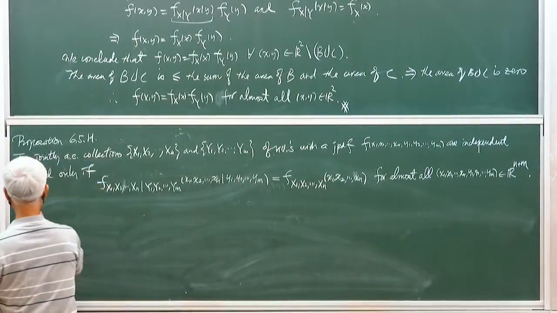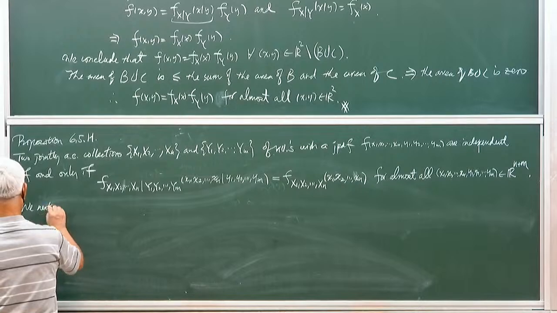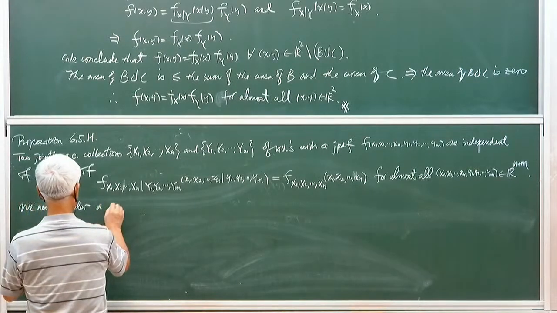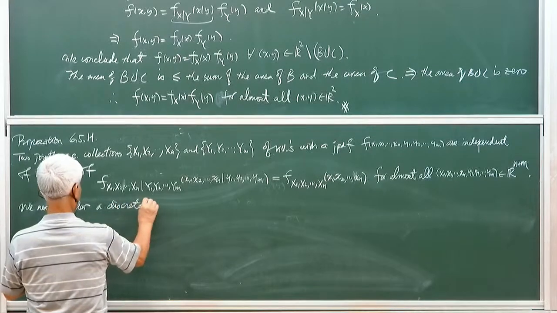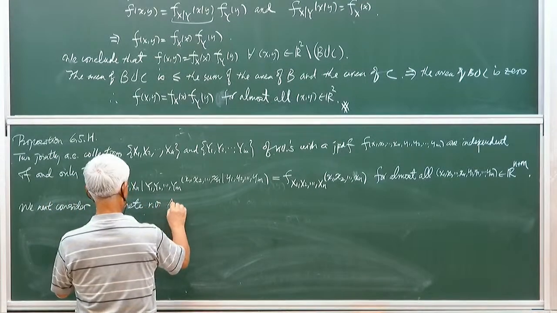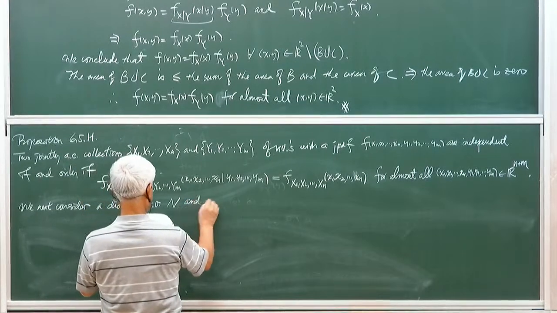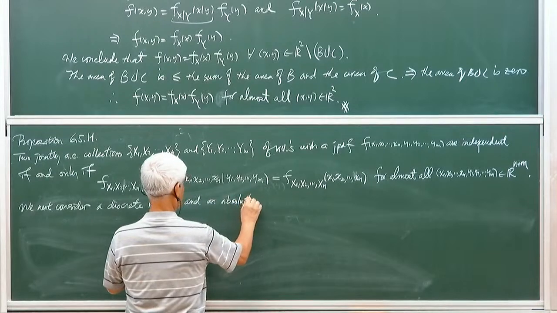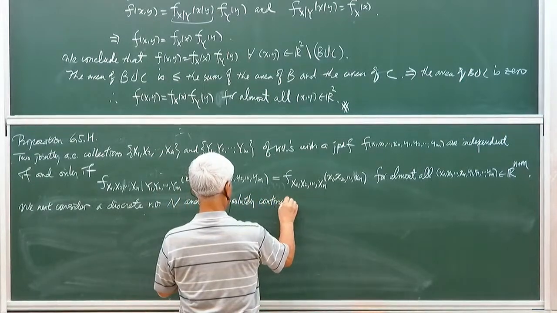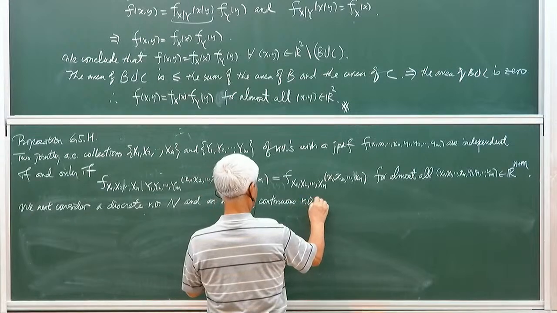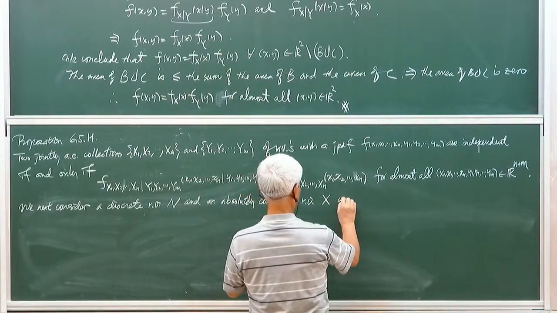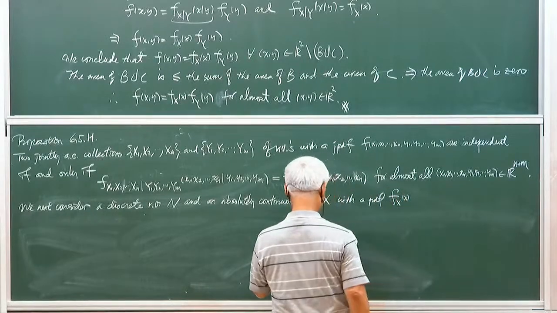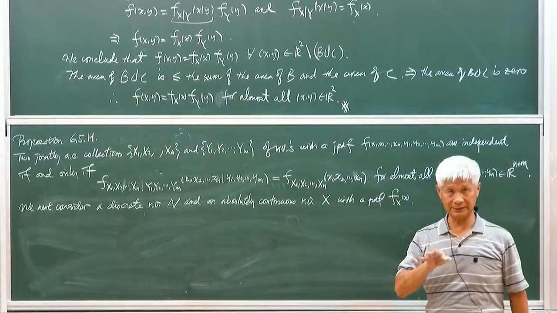So now, we next consider a discrete random variable called N, and an absolutely continuous random variable X with a PDF f sub X. All right. So we will consider this situation.